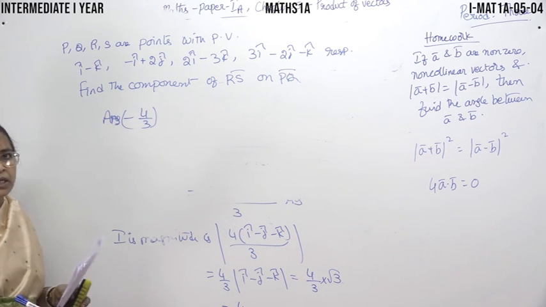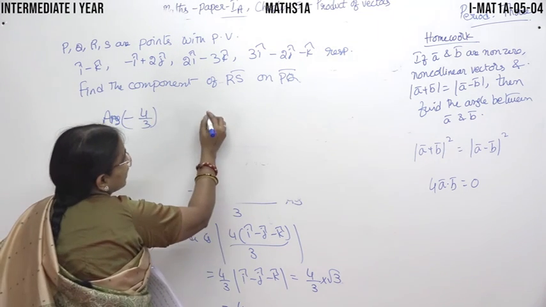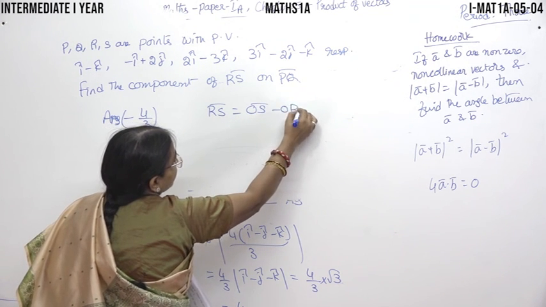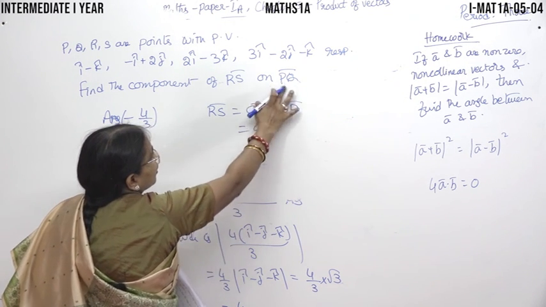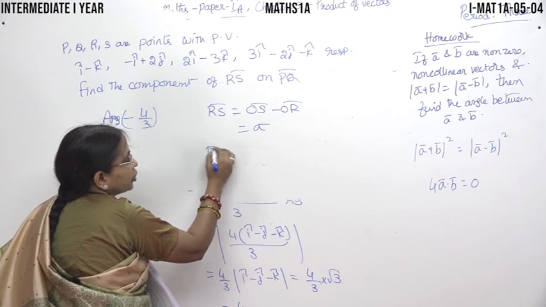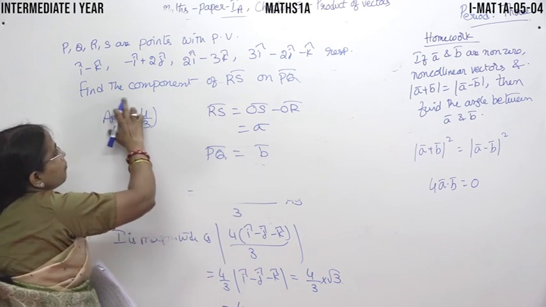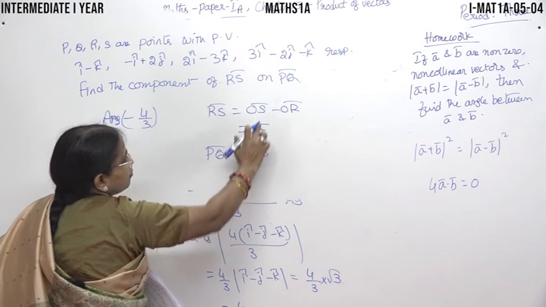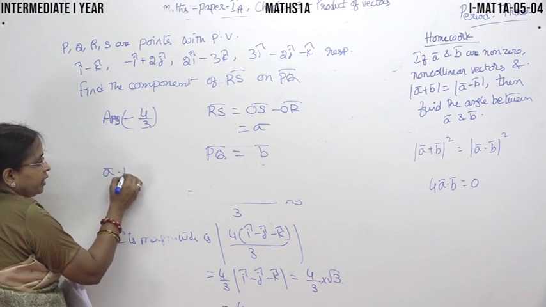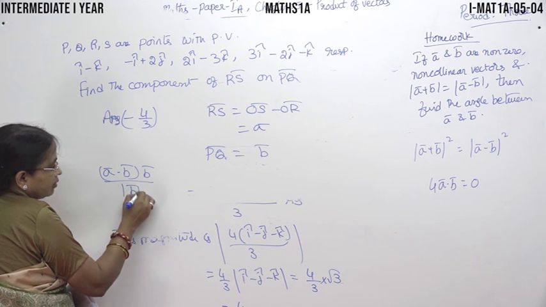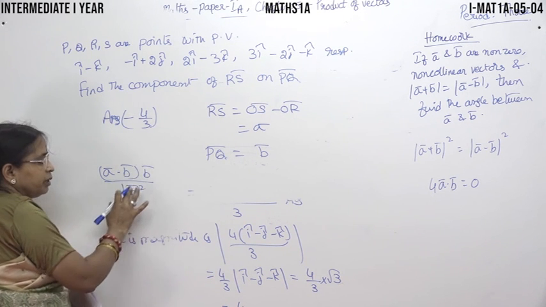So the method is, you will find the RS vector. RS is nothing but OS minus OR. So that is your A. And then the PQ vector, OQ minus OP. That is the B vector. So the component of A on B is A dot B into B by mod B square.